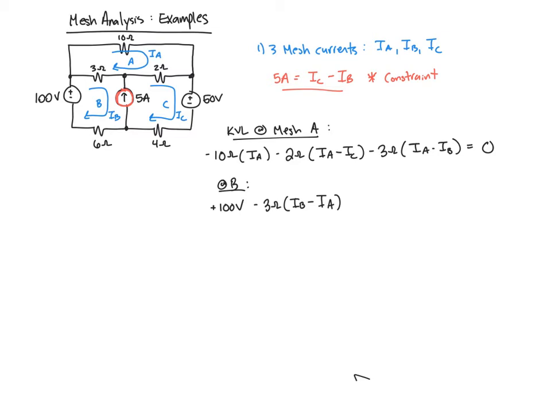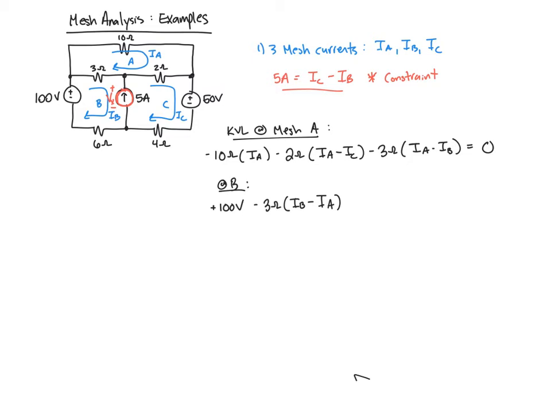And then we get to the point where we see this 5 amp source. I find that this is a common area for mistakes. Don't assume that that potential is 0. This current source can maintain that current 5 amps regardless of the voltage across it. Since we don't know what it is, we just need to define something. I'm just going to arbitrarily pick that it is going to be value Vx, positive on the top, negative on the bottom.